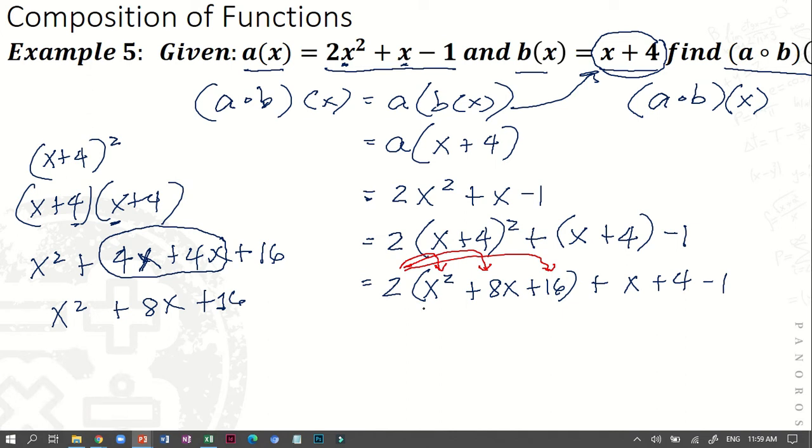Okay, so let's have the first one. 2 times x squared equals 2x squared plus 2 times 8, 16, copy x, plus 2 times 16, 32, plus x plus 4 minus 1. Kung mapapansin nyo rito, hindi ko muna pinagma-minus yung 4 minus 1.